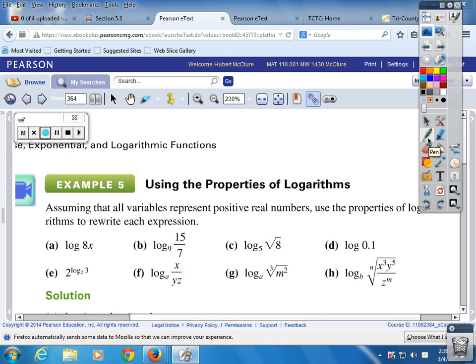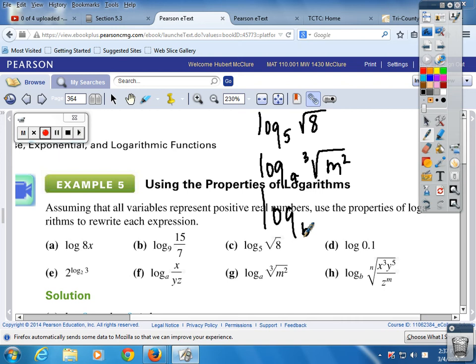Let's see, log base 5, square root of 8, log base A, cube root of m squared, log base B, nth root of x cubed, y cubed, over z to the n.